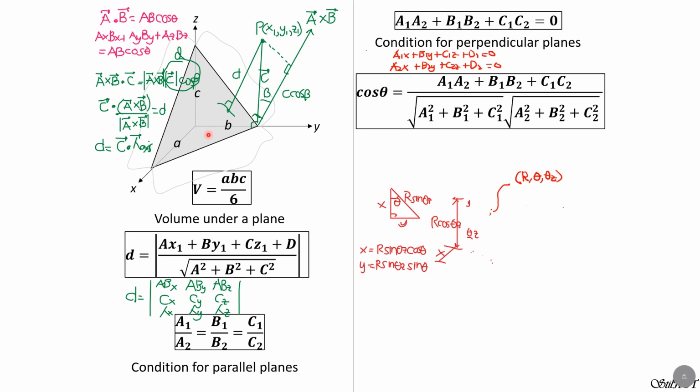Then let's extend this by computing the perpendicular distance of any point with coordinates x1, y1, z1 from a plane, and it is equal to this, but in vector approach, after we define a vector perpendicular to the plane.